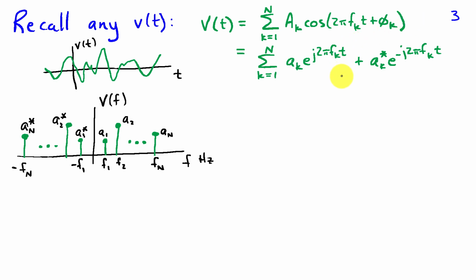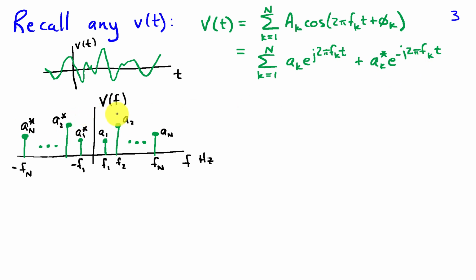And then we use this to derive the spectrum of V of t by expanding the cosines into their positive frequency and negative frequency components, and looking at the complex amplitudes associated with each frequency component. So A_k is the complex amplitude at frequency f_k, and A_k conjugate is the complex amplitude at frequency minus f_k.